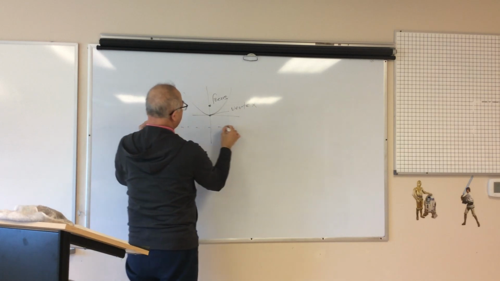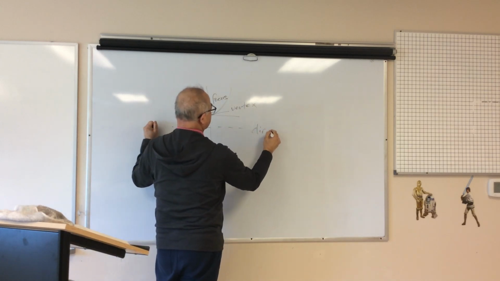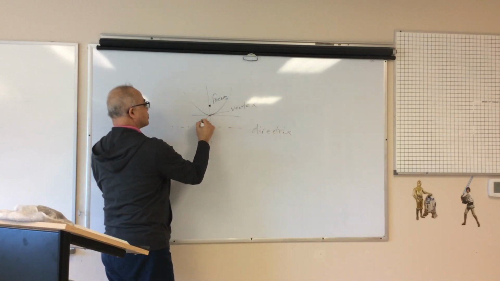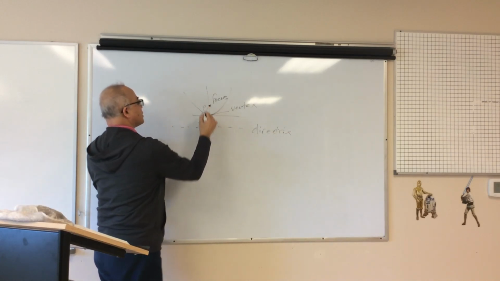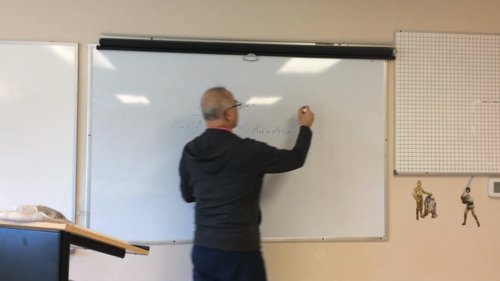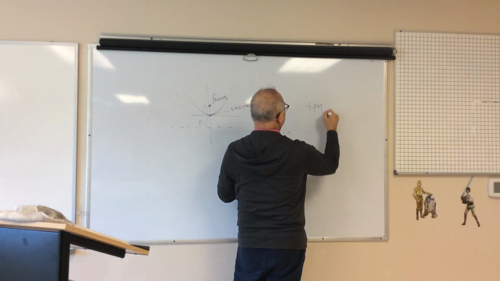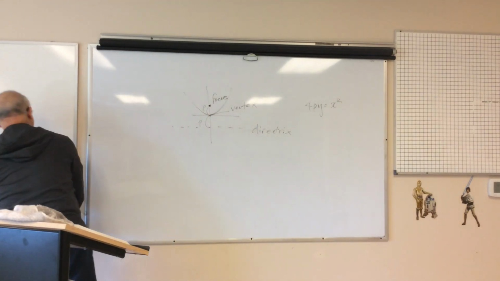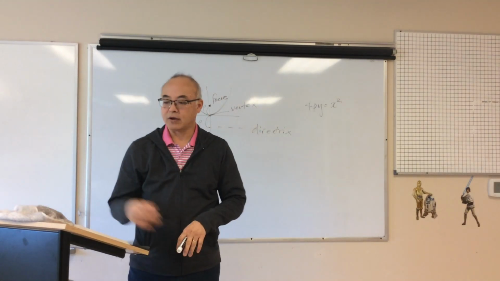And then you would have a directrix. If you remember correctly, this was P apart and this was P apart. And the equation looked like this. Okay? So that is what we did on the parabolas.